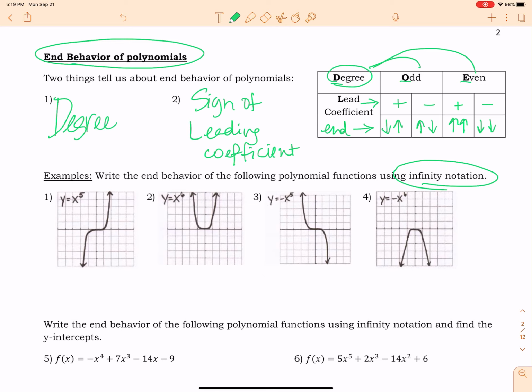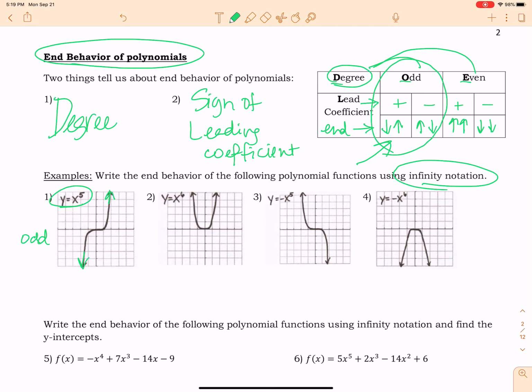Okay, so if you will look at this first example, we have an odd degree. Odd is right here, and it's positive, so it's odd positive. That means, as you can see here, we've got down, up behavior.